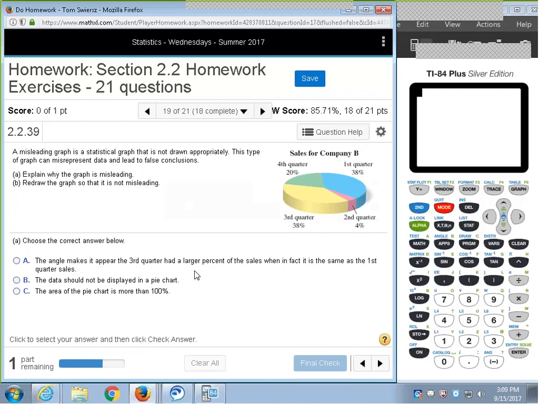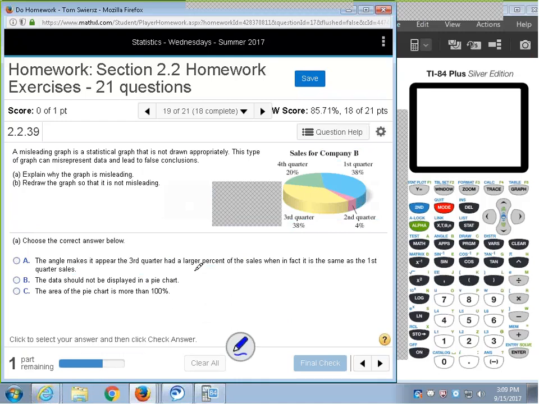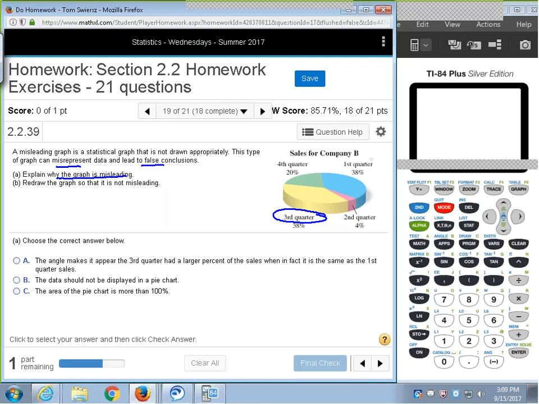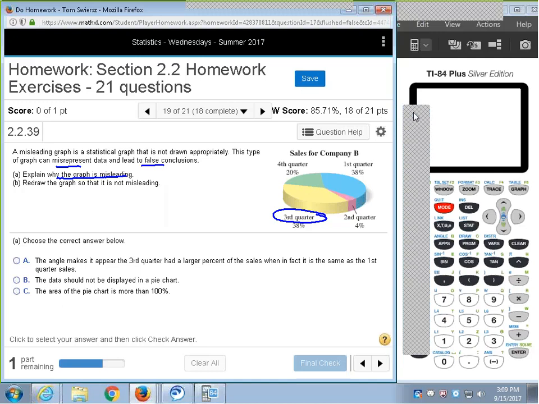Okay, a misleading graph is a statistical graph that is not drawn appropriately. This type of graph can misrepresent data and lead to false conclusions. Explain why the graph is misleading. Well, the angle they have it on, notice the third quarter and the first quarter both represent 38%, right?